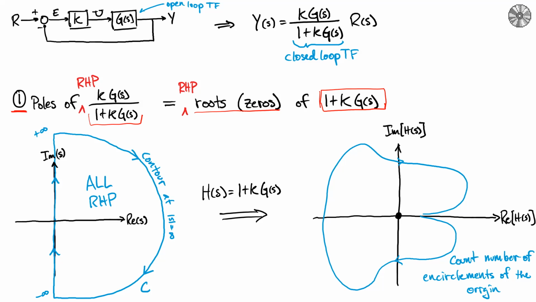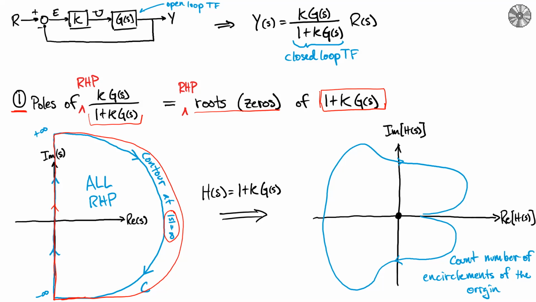And so the contour that we're going to pick, it's a relatively tricky contour, is this very large contour that spans all the way along the imaginary axis out to positive infinity, and then wraps around at the magnitude of s at infinity, and then comes back to negative infinity at the imaginary axis, and then comes back along that way.